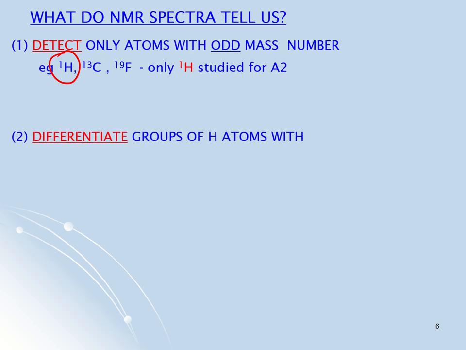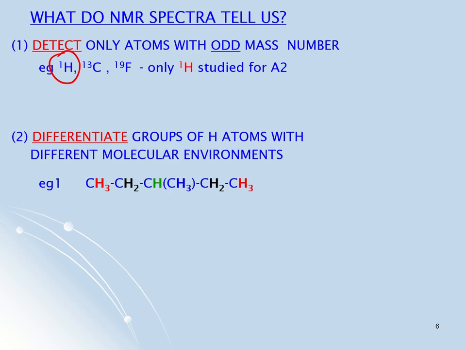It differentiates groups of hydrogen atoms within different molecules. So, for example, things like I have on the board now, that molecule there, which is methylpentane. NMR machines, you can see here we have a CH3 there, a CH3 there, and a CH3 there. These 2 CH3s in the red are in absolutely identical environments.